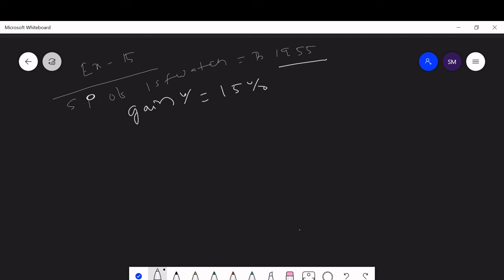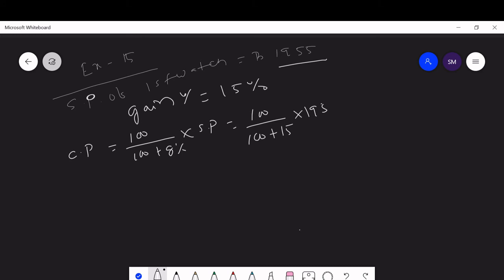According to the formula, CP is equal to 100 upon 100 plus gain percent into SP, which is equal to 100 upon 100 plus 15 into 1955. By solving this we get the CP of the first watch is 1700.